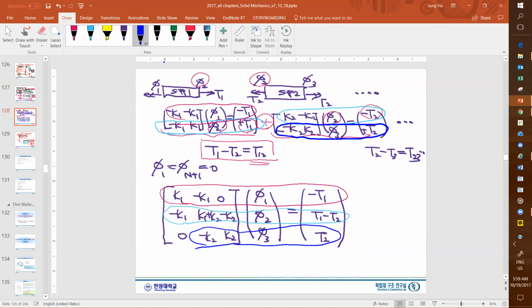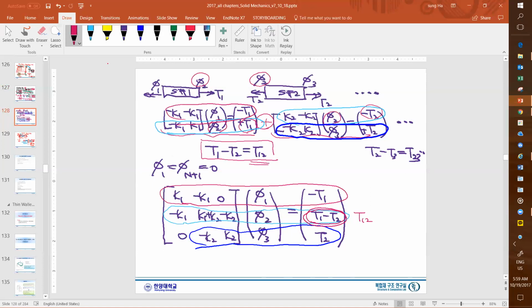So what I'm trying to do is add them and express this combined equation in matrix form, which is now 3 by 3. And here, this T1 minus T2, what will this become? T1 and T2, we do not know, but what we know is the external load, which is the T12. Okay? And then there will be another one.